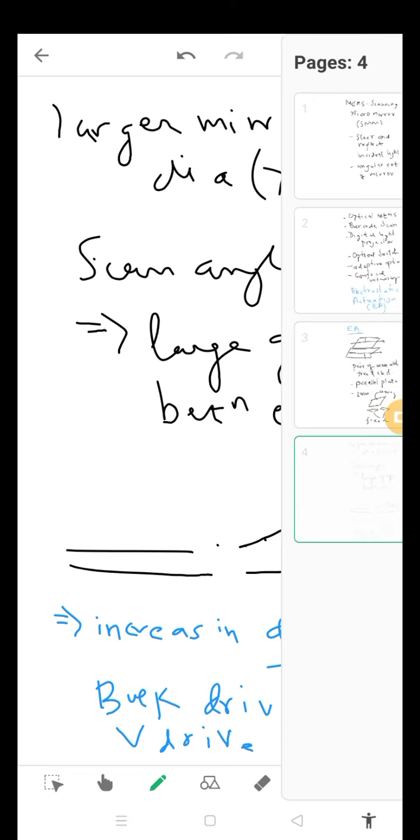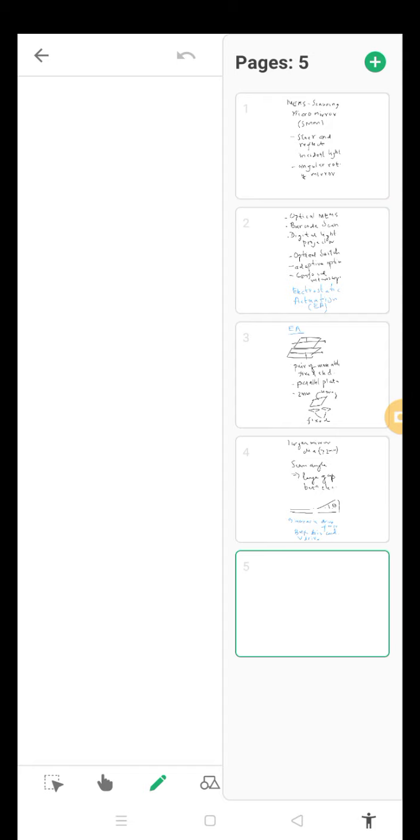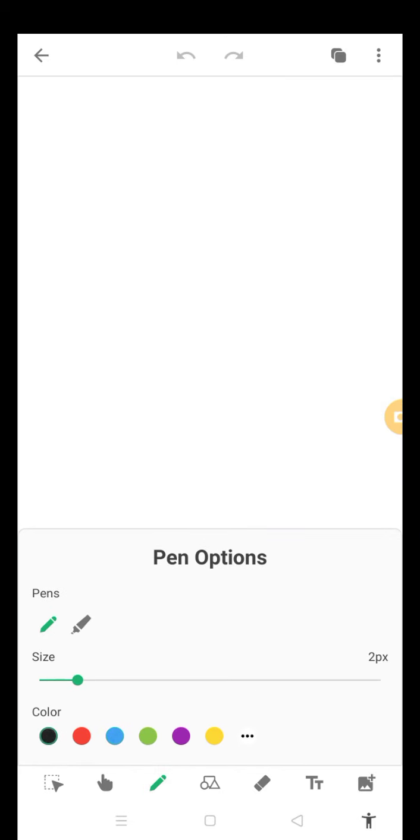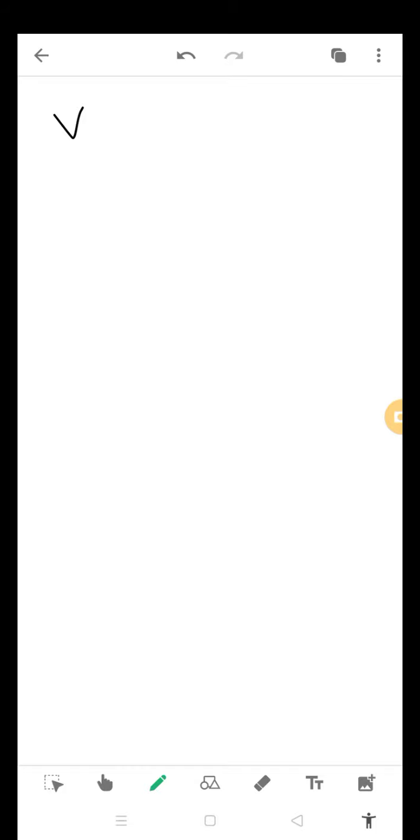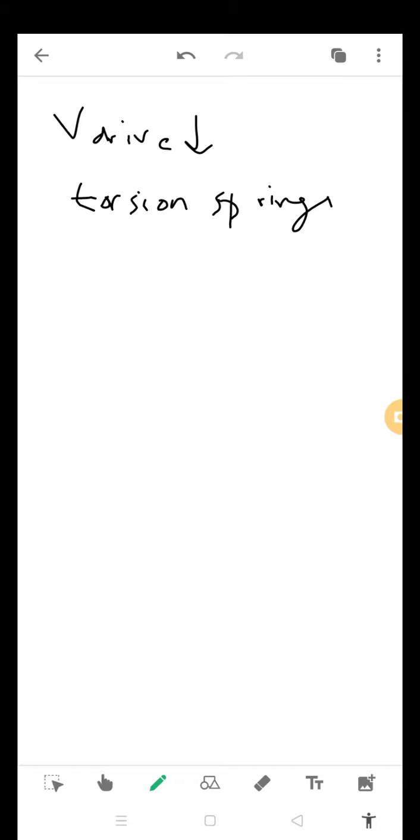Okay. Now, Vdrive needs to be lowered for effective performance, and to do that, instead of using torsion springs in MEMS, we can replace them by something called a comb.